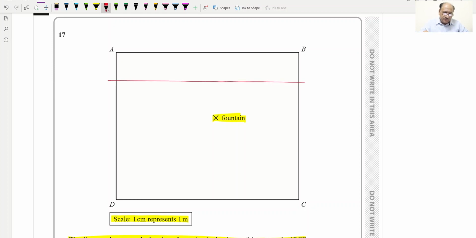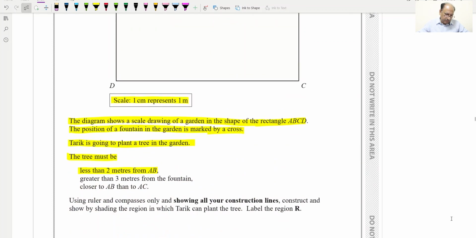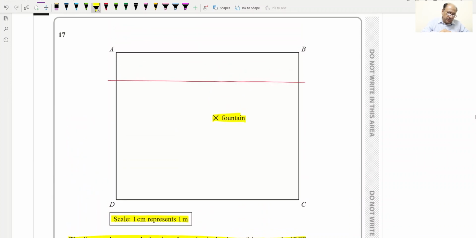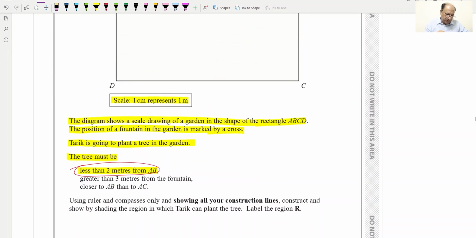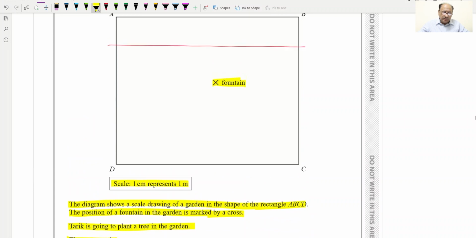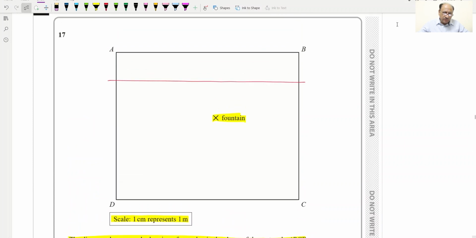Now after this it is basically saying less than 2 meters from AB, so it should be in this upper area. Now other conditions also we will check. The next condition is greater than 3 meters from the fountain. So greater than 3 meters from the fountain, we can check basically the circle. We can take 3 centimeter.